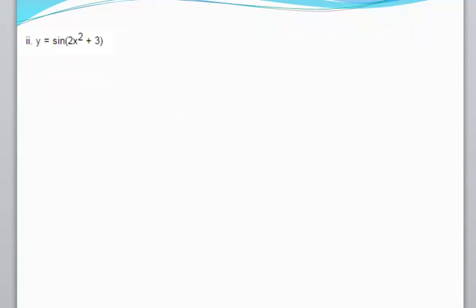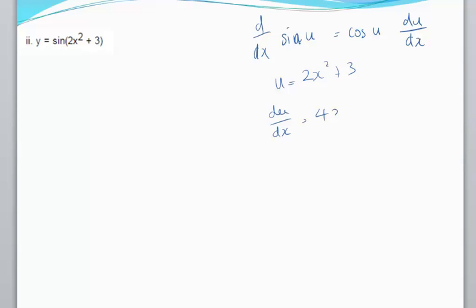Moving to our next example, we write out our rule to start with. We've got d/dx of sine u is equal to cosine of u du/dx. Here u is equal to 2x squared plus 3. du/dx is 2 times 2, which is 4x, and our 3 disappears.